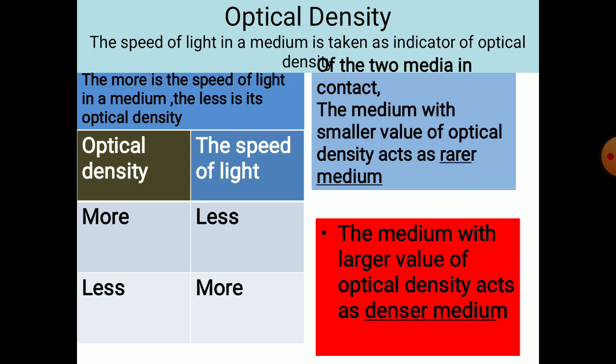More optical density, less speed of light. Less optical density, more speed of light. So of the two media in contact, the medium with a smaller value of optical density acts as the rarer medium, and the medium with a larger value of optical density acts as the denser medium.